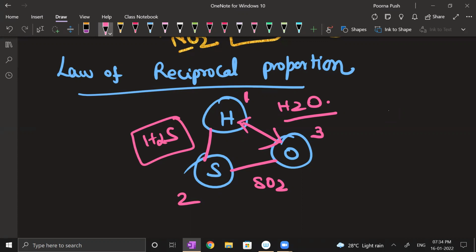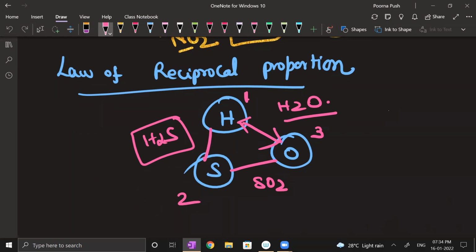Reciprocal proportion is when the third element separately combines with the first and second element. If that happens, the first and the second element will combine. So here H and O combine to form H2O, S and O combine to form SO2. If this happens, 1 and 2 will combine, that is H and S combine to form H2S.